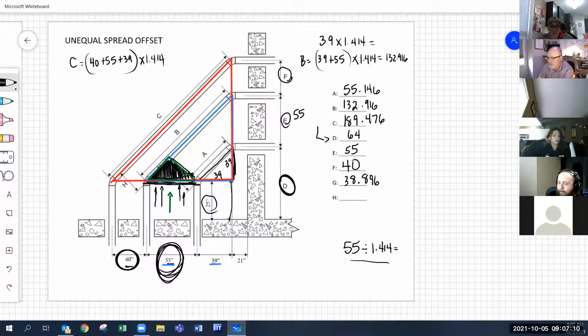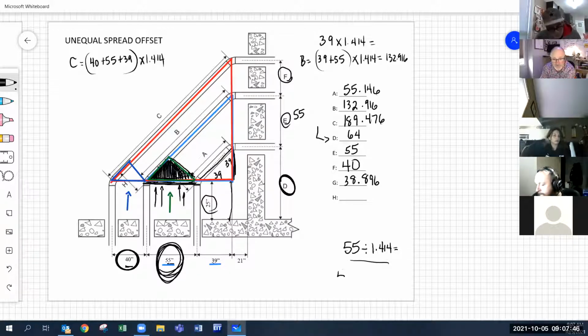Now, the next one is H. And to solve for H, and it's the spread across these pieces of pipe, I'm going to draw a right angle triangle in here. And there is my right angle triangle. This line right there is a travel. So to get the spread across this is the rise.